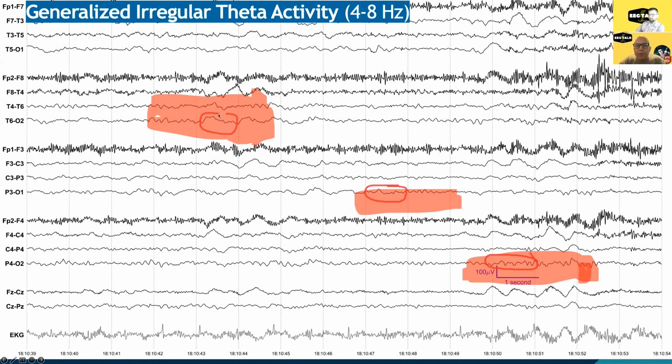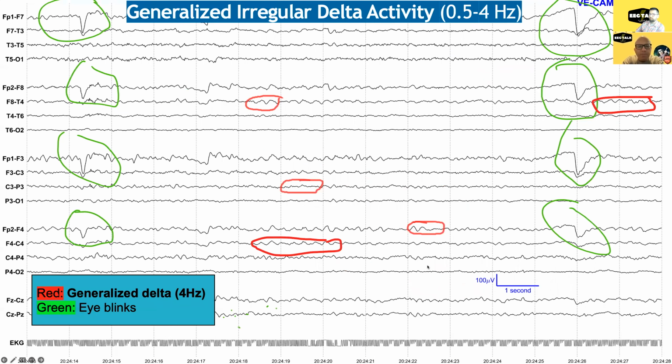That would be a delta wave there. So this is very common for there to be delta slowing and theta slowing together. So depending on where you look in the EEG, all superimposed. Cool.